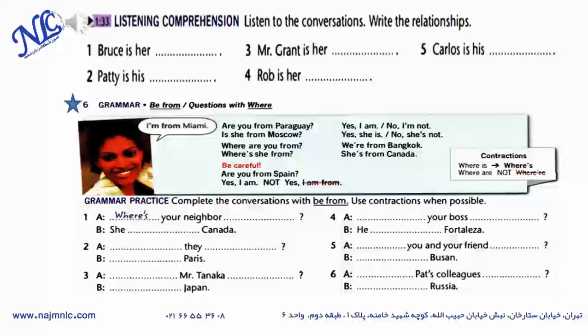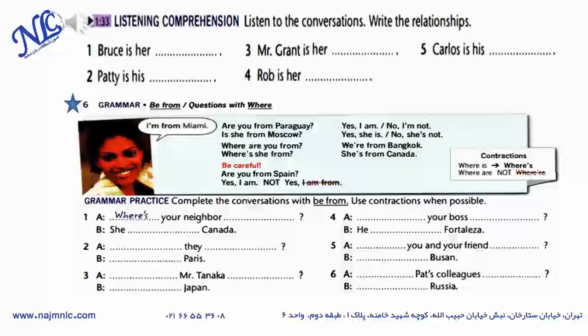Conversation 1. Hi, Steve. This is Bruce. Bruce is my classmate. Nice to meet you, Bruce. Nice to meet you, Steve. Conversation 2. Helen, this is Patty. Hi, Patty. Hi, Helen. Patty's my neighbor. Conversation 3. Mario, this is my boss, Mr. Grant.